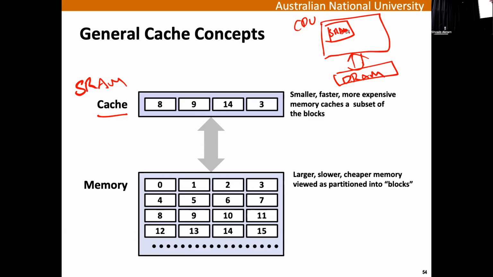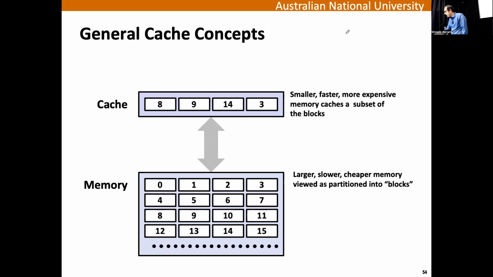The way it works is cache at level K stores a subset of information or data from level K+1. Here the cache has blocks 8, 9, 14, 3, but memory has all these other things.